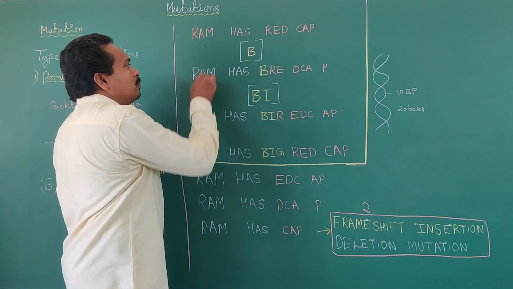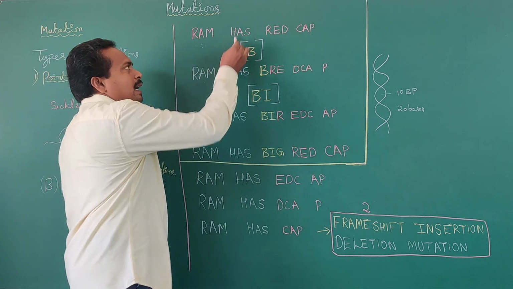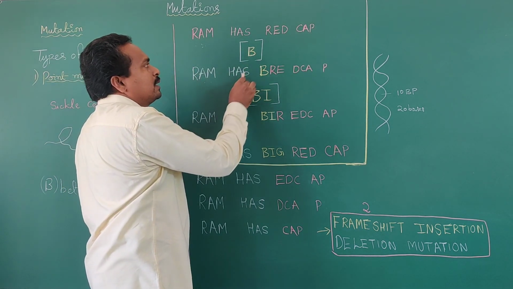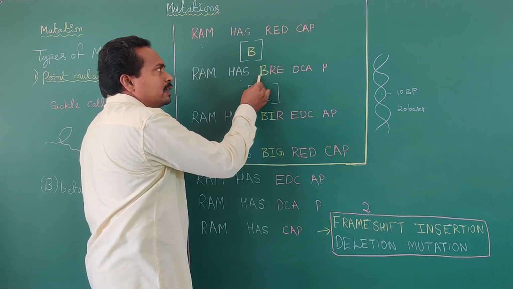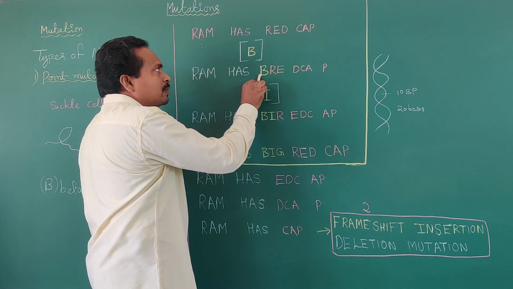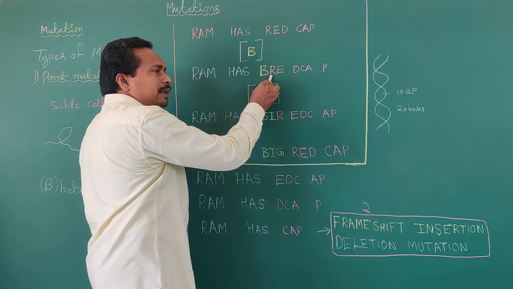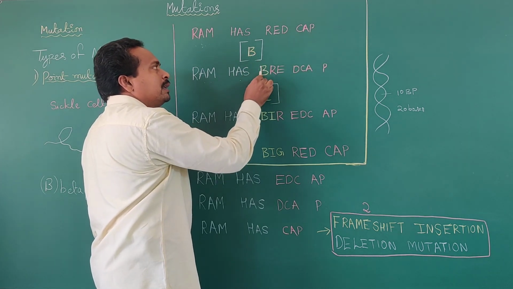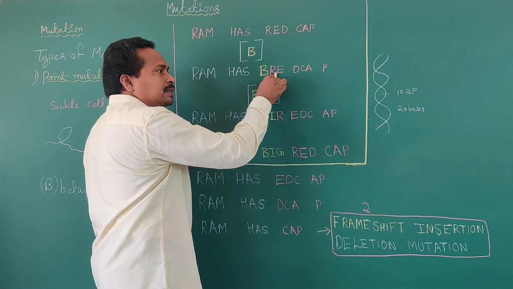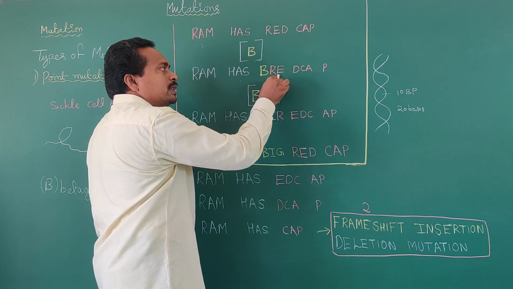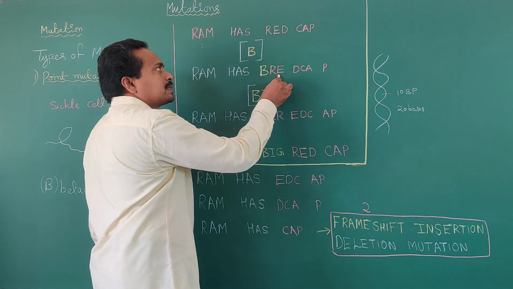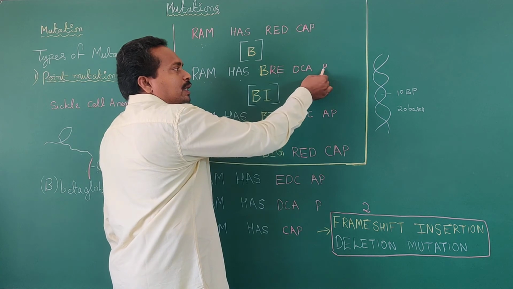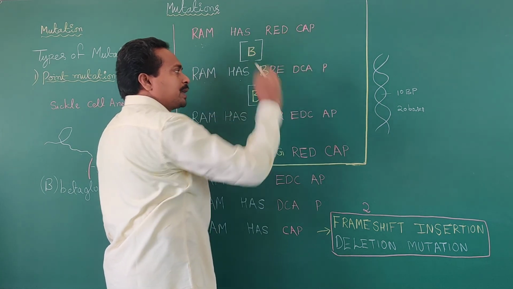Now Ram as this, has as this. Which alphabet did we insert here? Capital B. As per the genetic code, each word has 3 letters. Now with B inserted: B, E, D, then C, A, and the last one is P.